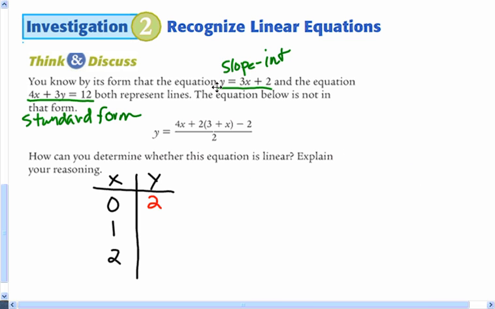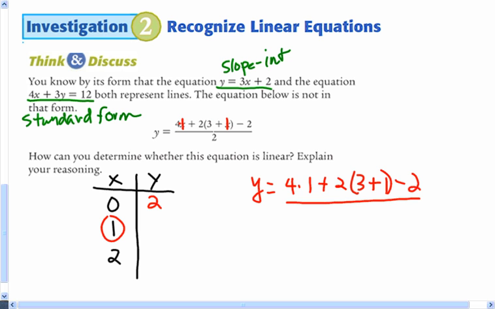Now I'm going to substitute x equal to 1 into the equation, so y is equal to 4 times 1 plus 2 times the quantity 3 plus 1, minus 2, divided by 2. 4 times 1 is 4, 3 plus 1 is 4, times 2 is 8, plus 4 is 12, minus 2 is 10, divided by 2 is 5.